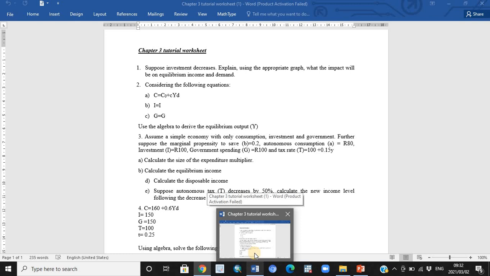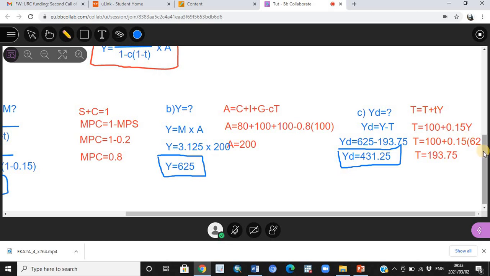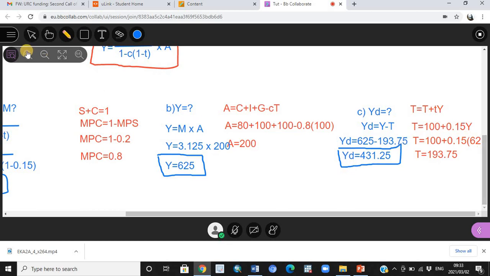A, B, C. Well, suppose autonomous T decreases by 50%. Calculate the new income level following the decrease in tax.